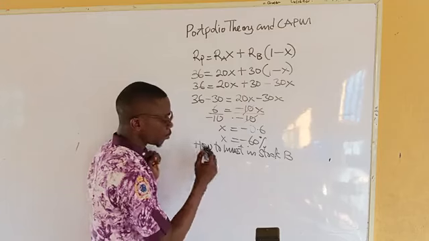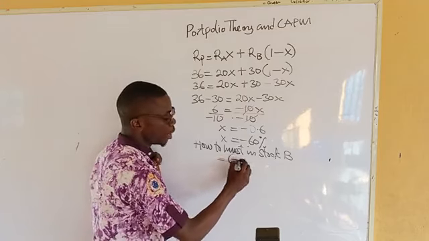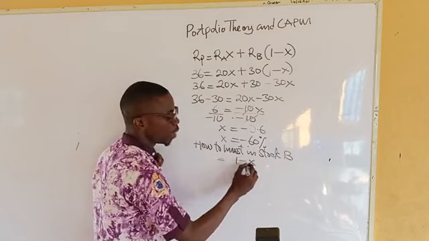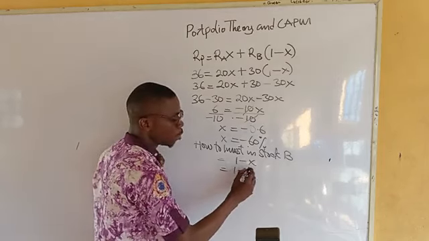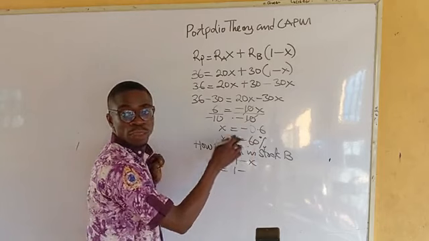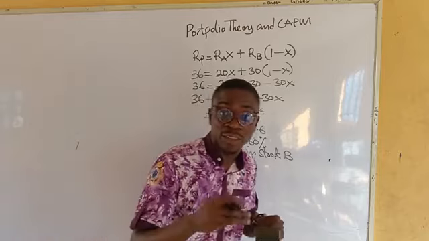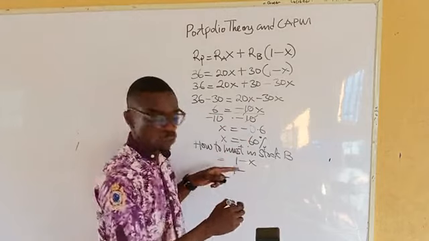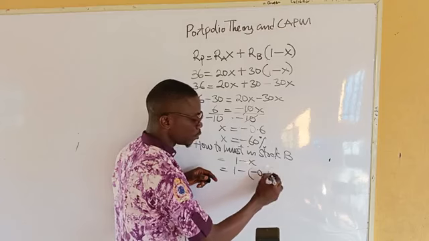Look at it now. So it will now be equal to 1 minus x. Now, 1 minus what's x? Don't forget that x is the percentage of funds to invest in stock A. So we are getting that to invest in stock B, it is 1 minus minus 0.6.